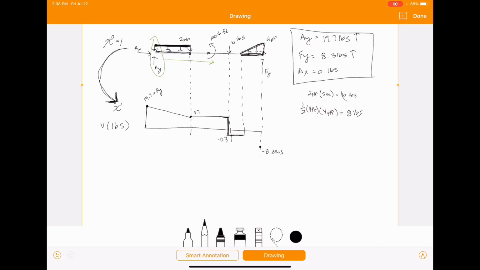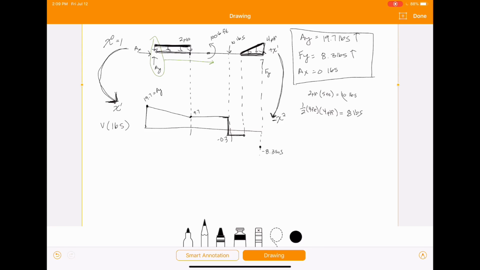8.3 pounds. Now to connect these 2 points, we see that this is a positive x to the 1 type line. It is linear. So to get from your loading to your shear, we've got to increase the power on x by 1. So this is going to be an x squared. Now, you also change the sign when you're moving down.